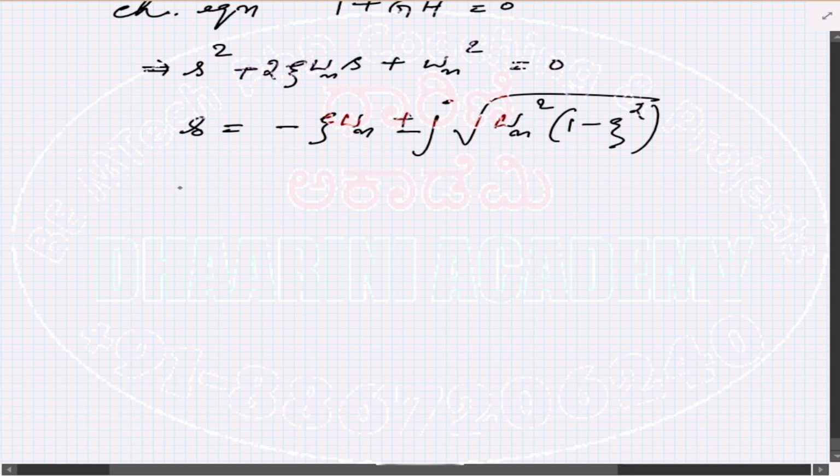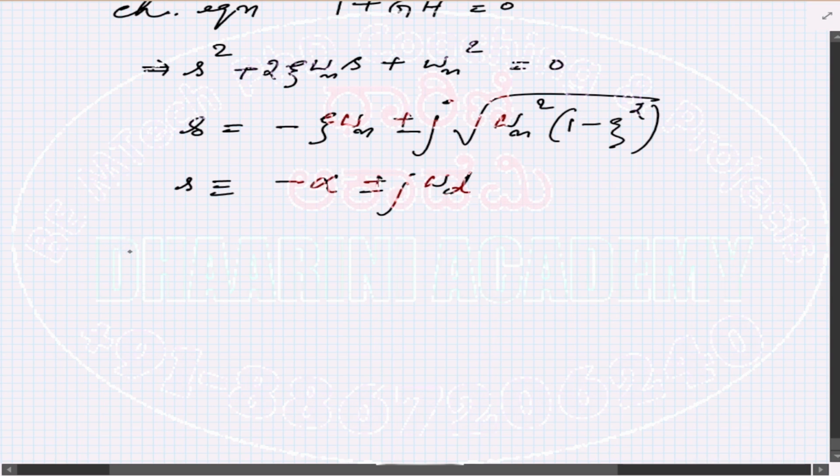Now for the time being, let's equate that to minus alpha plus or minus j times omega d. Here omega d is nothing but the root of omega n square into 1 minus zeta square; the omega n square can be taken out.